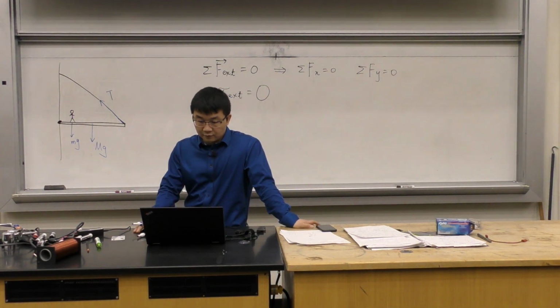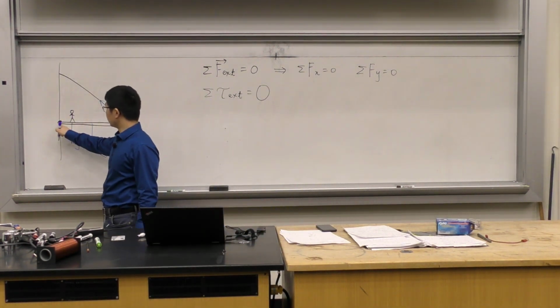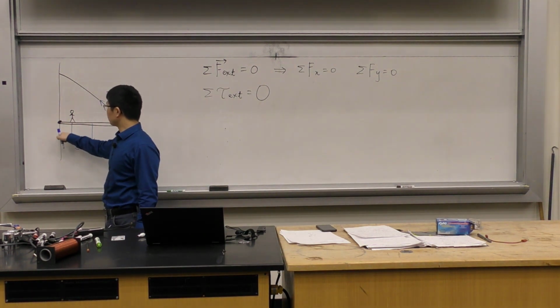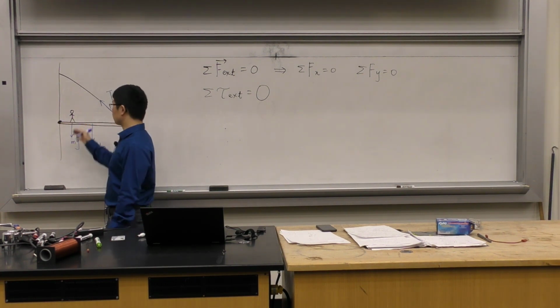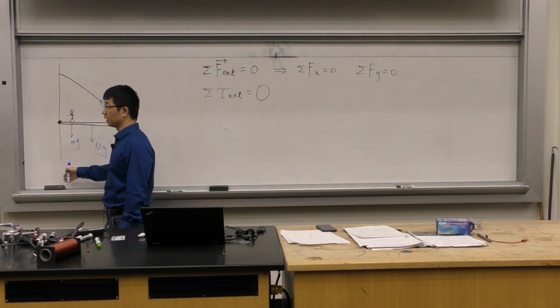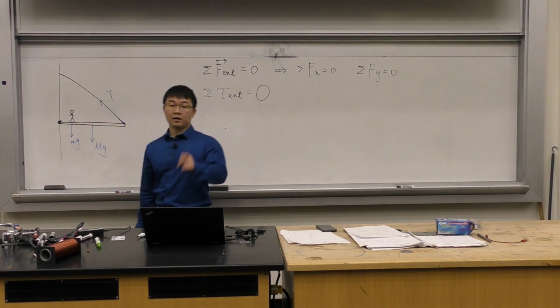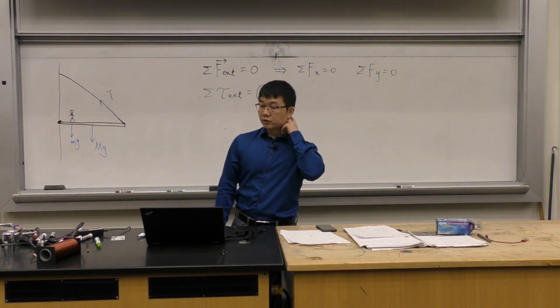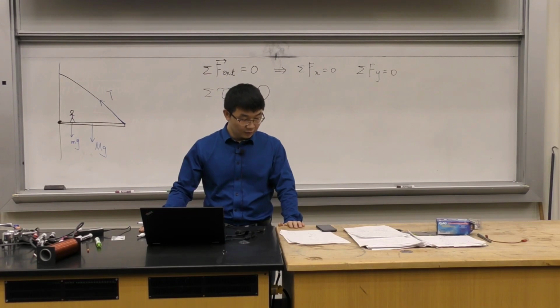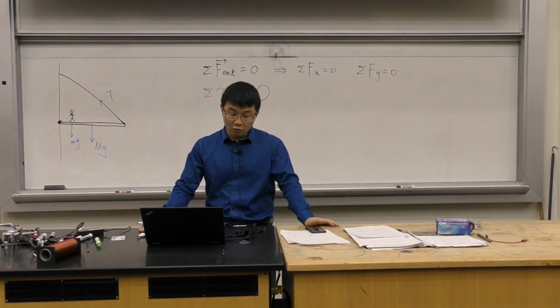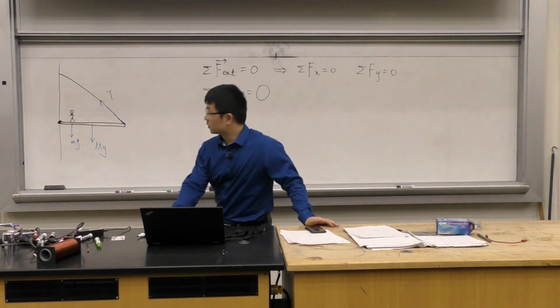And then there's also the force from the pivot, right? Remember, it's pivoted at the wall. The wall and the pivot has a force on the beam, right? So that's why this end is not dropping, it's not moving in that direction. And this force is a little bit tricky. When you see a pivot, you don't assume the force is just along the beam.